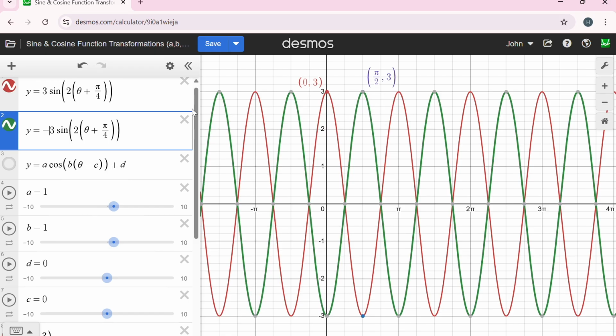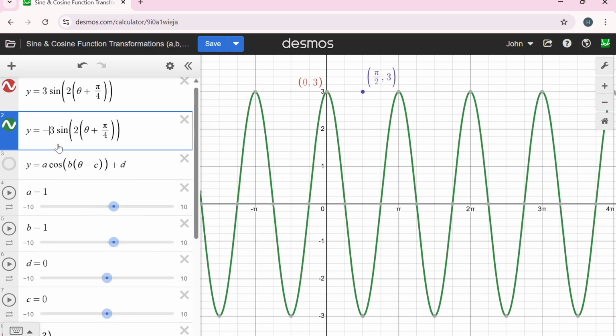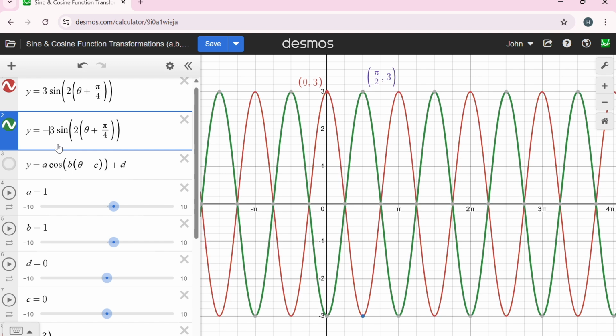That's what we said when the a value goes less than 0, so the a value becomes negative from 3 to -3. We're out of phase by pi over 2. So to get the green graph to match the red graph, I can either go plus pi over 2 or minus pi over 2 phase shift.